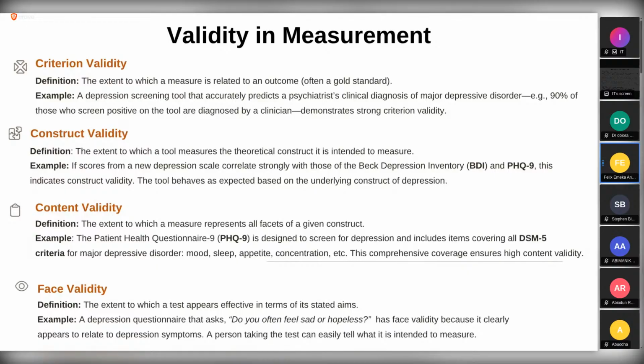For example, 90% of those who screen positive on the tool are diagnosed by a clinician, which demonstrates strong criterion validity. Now you have this standard tool, and you can use that gold standard tool to tell whether they have depression or not.